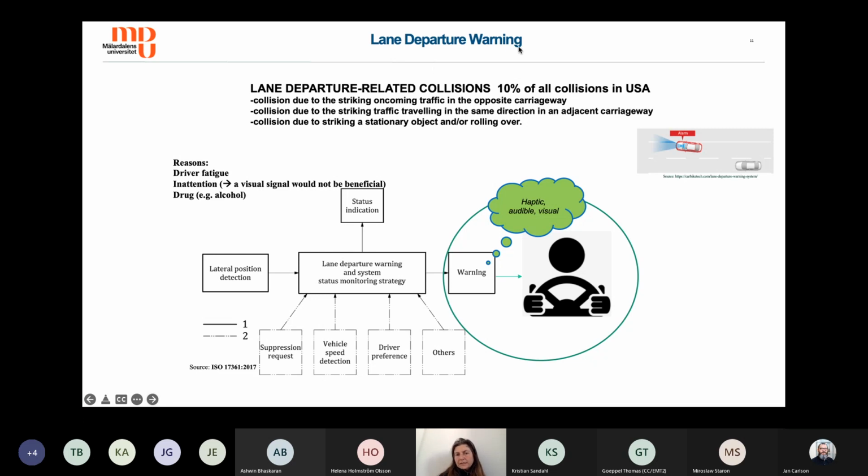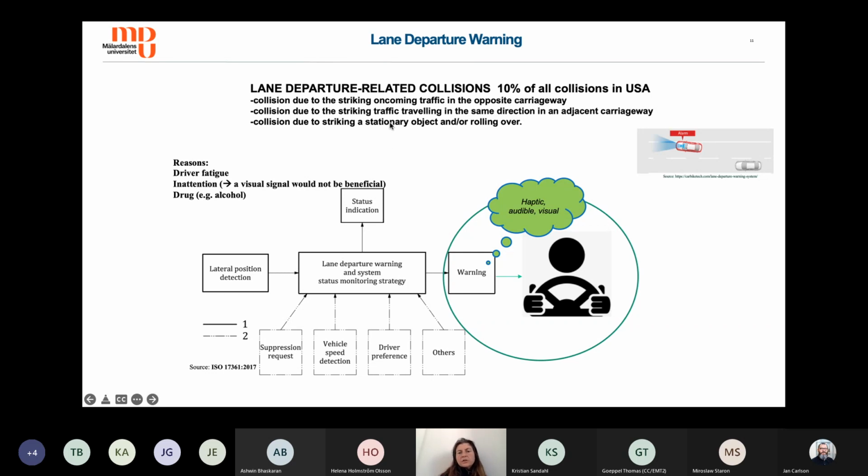So now I have decided on purpose, in a provocative manner, let's say, to take as a system the lane departure warning system. So the situation before the introduction of the lane departure warning was that there was a significant percentage, 10%, of collisions that were related to lane departure, at least in the US.